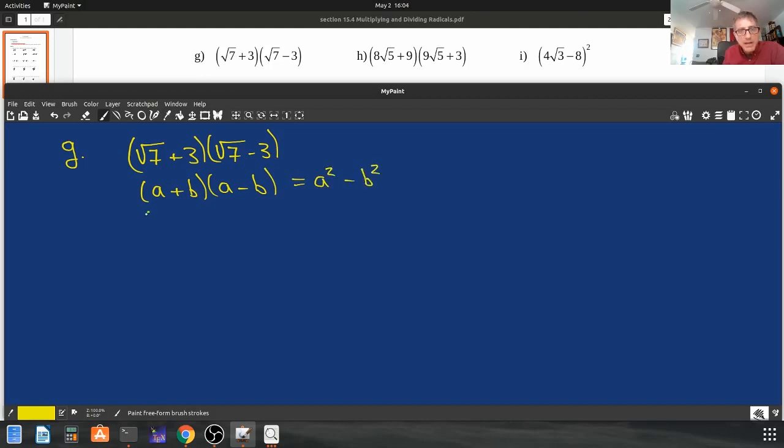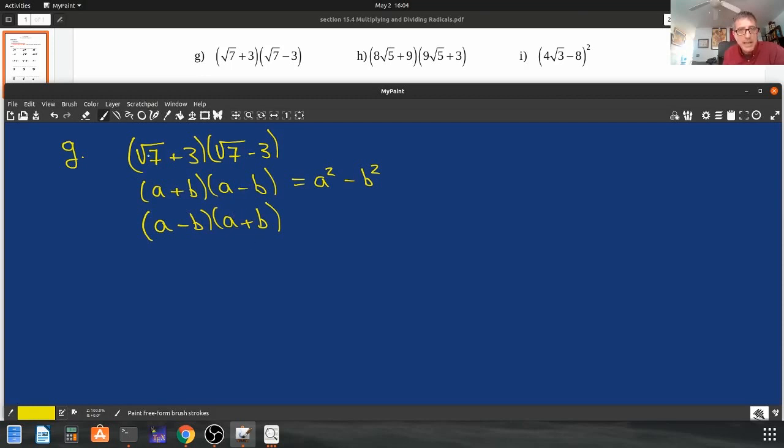And it doesn't matter that you may be used to seeing it as a minus b times a plus b, because that's the same. These are factor 1 times factor 2, and they're the product, and factor 1 times factor 2 is the same as factor 2 times factor 1.